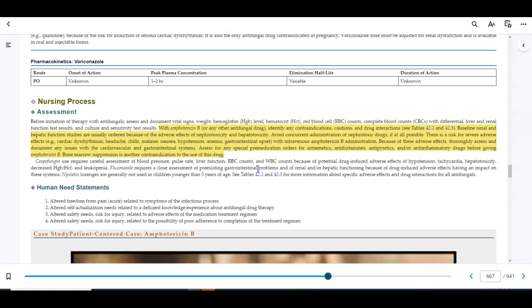Then we want to make sure we're monitoring for those cardiac dysrhythmias, headache, chills, hypotension, GI upset with that IV administration. Making sure if we do give it IV, we're giving it slow IV, making sure we're also giving it via a pump. They're going to still kick in that pre-medication. So we talked about the pre-medication 3 times, so that's an important facet with that amphotericin there.